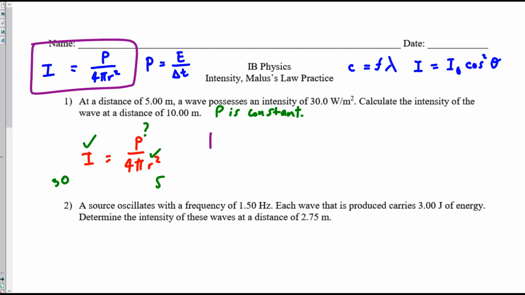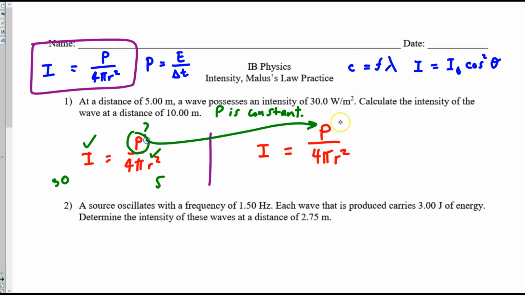Once you find the value of power, plug it back into the exact same equation. But now, we're plugging the value that we calculate in right here. We are seeking a new intensity upon reaching 10 meters, a new distance. So you plug in the power, you plug in R, and you solve for I.